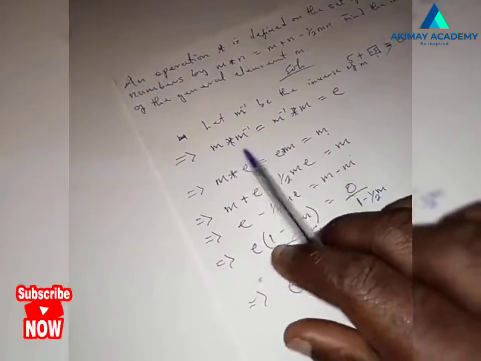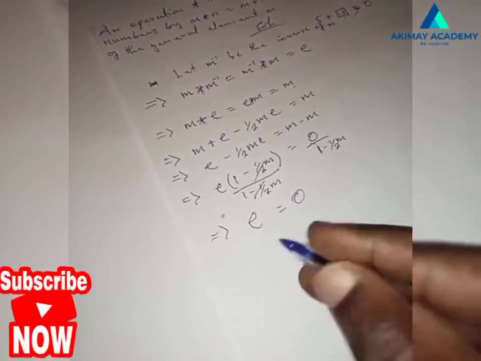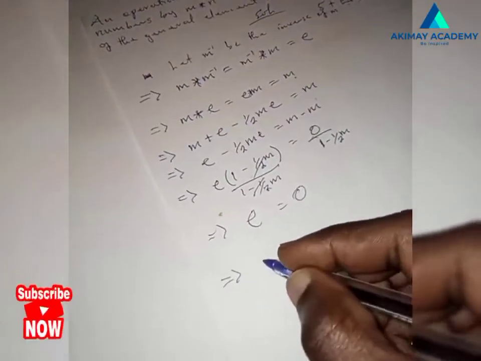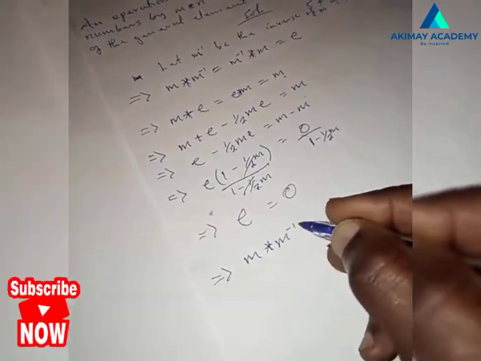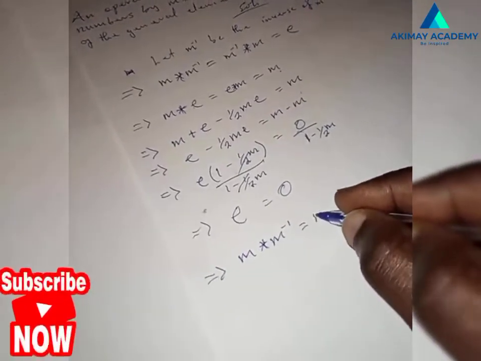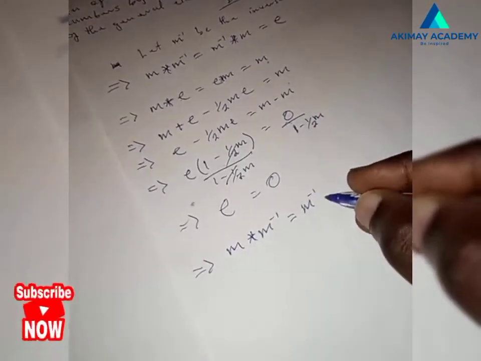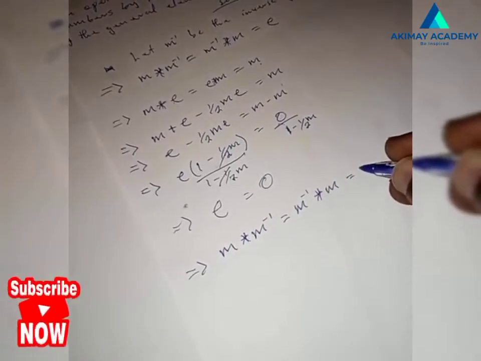So now that we have the identity element, we can use the system over there to find the inverse of M. So in this case, let's bring our inverse system down. So we have M asterisk M inverse should be equal to M inverse asterisk M, and this one should give us the identity element.